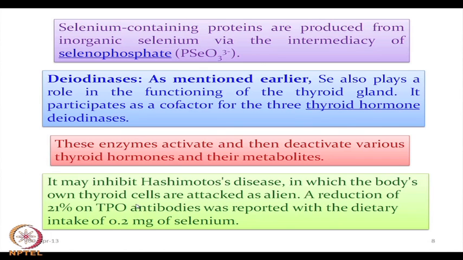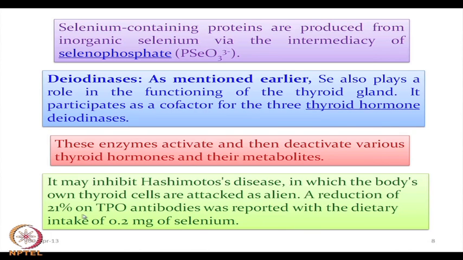We know that the thyroid cells are utilized for the production of thyroxine, the hormone molecules, but in some cases this thyroid cell can be taken as alien, that means unknown to the system.